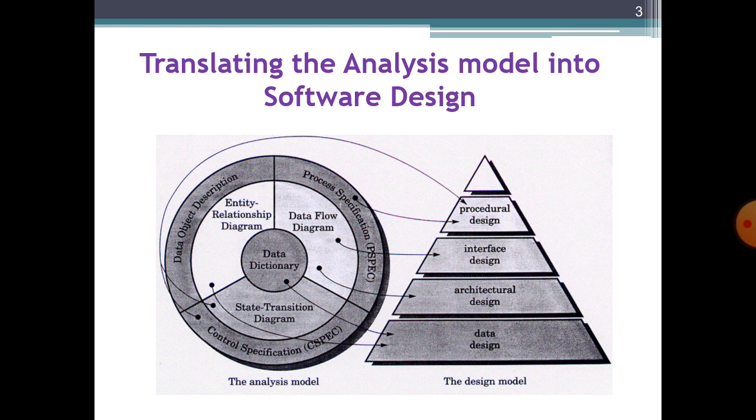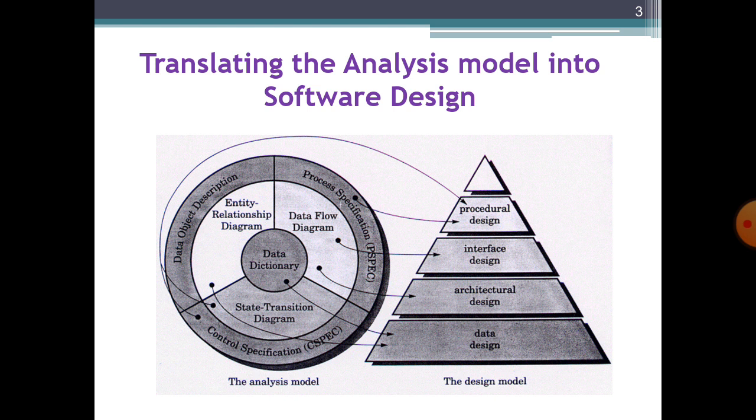And then last is procedural design. Students, procedural design is also known as component level design. It transforms structural elements of the software architecture into a procedural description of software components.